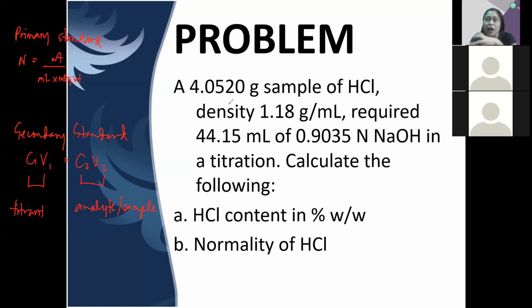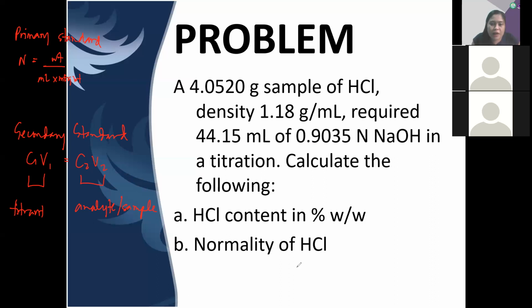So nandoon siya ngayon sa burette, siya yung magiging titrant. Secondary standard ang tawag doon. So ito yung gagamitin natin, C1V1 equals C2V2, though the sample there is in grams. Pero since density is given, you can look for the volume of the sample.